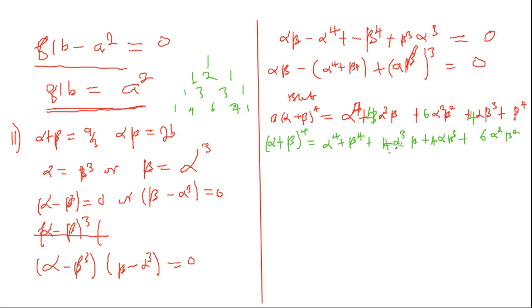So we are going to factorize this one as well. So alpha plus beta squared is equal to alpha to power 4 plus beta to power 4. So here we are going to pick a common factor. The common factor will be 4 alpha beta.